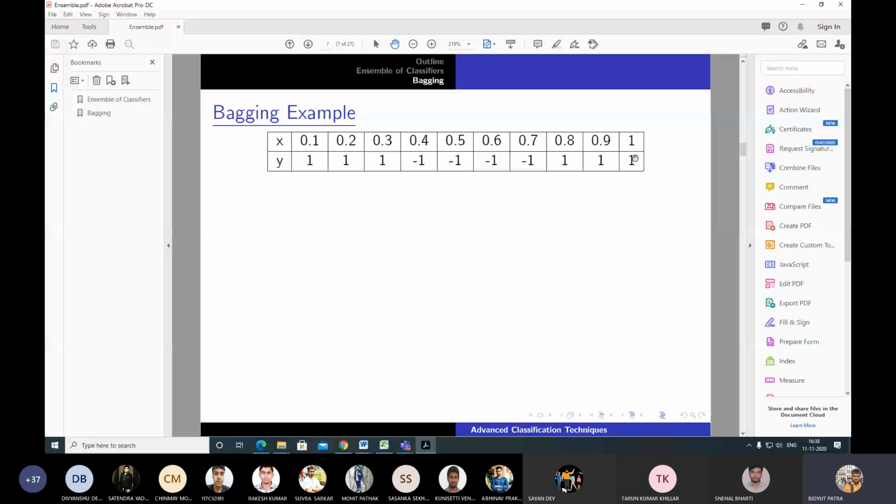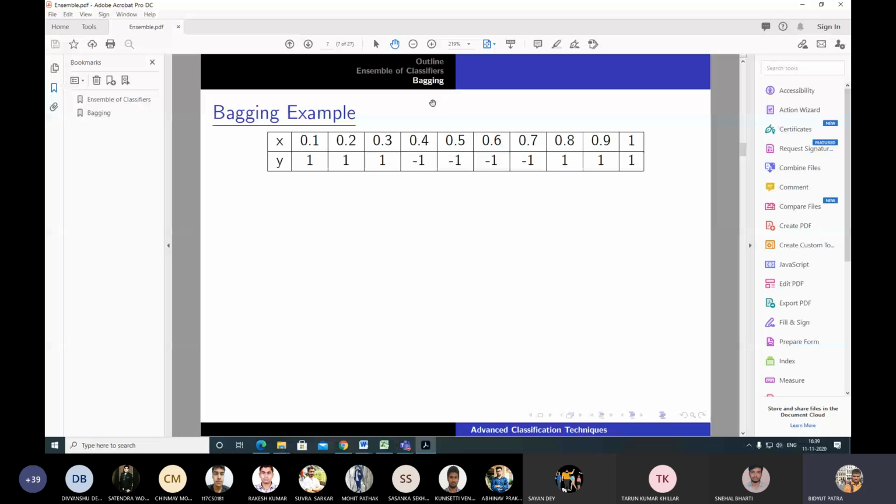If you use a single decision stump, that means I will identify a value of x. If x is greater than 0.4, then I will say it is a negative class, and if it is less than or equal to 0.4, it will be a positive class. Essentially, I am trying to find a value of x which is the classification line, that is, the decision boundary or decision line.